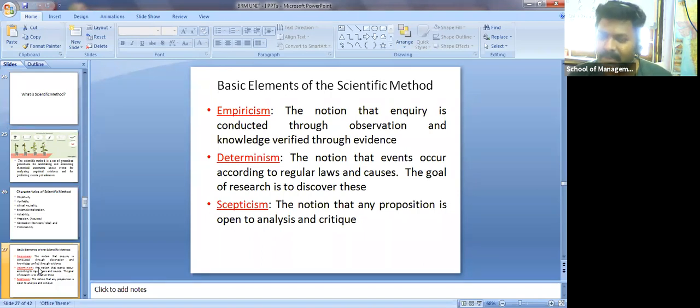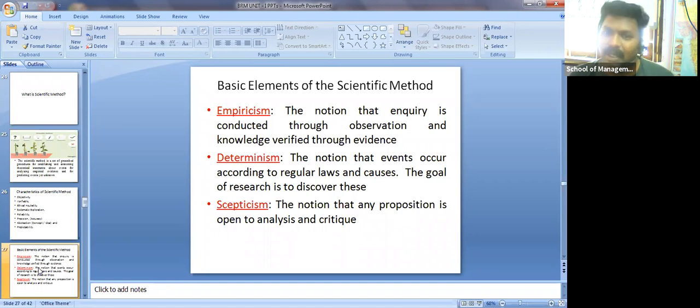Inquiry is conducted through observation and knowledge verified through evidence. This is one key element in the scientific method.